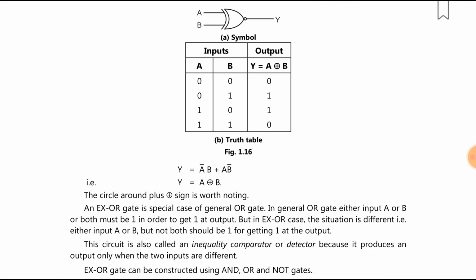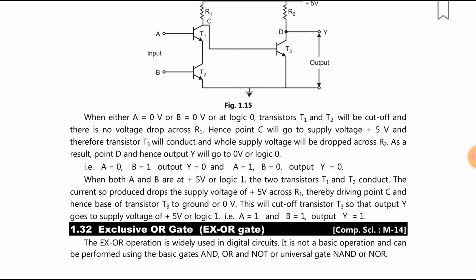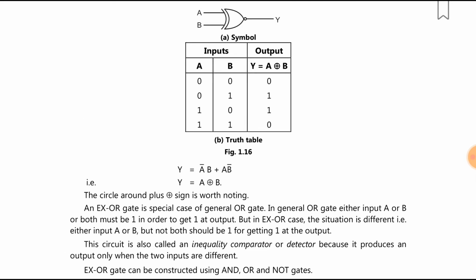Now the XOR gate. This is the XOR gate. The XOR operation is widely used in digital circuits. It is not a basic operation and can be performed using the basic AND, OR and NOT gates, or the universal gates NAND and NOR. In the XOR gate, when both inputs are 0 0, output is 0. When both inputs are 1 1, output is 0.